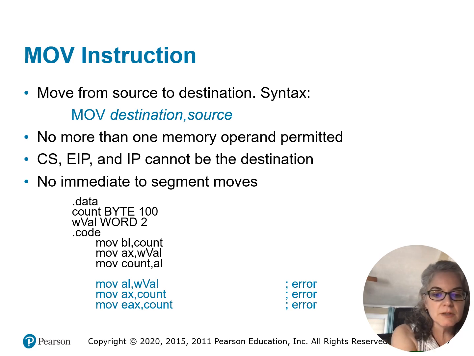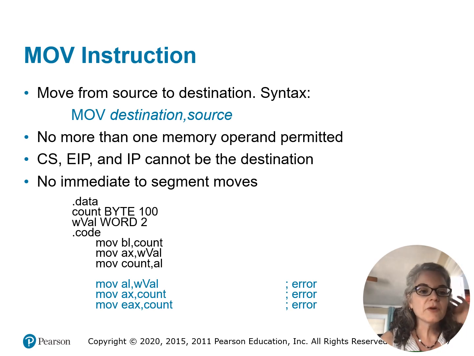An instruction that needs to be executed by the central processing unit, this is where we point to that instruction. So we cannot mess with the instruction pointers. We also cannot do immediate to segment moves.